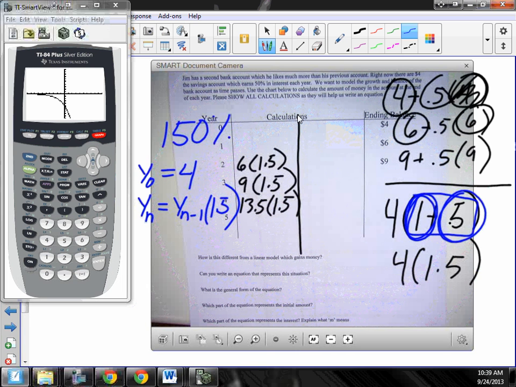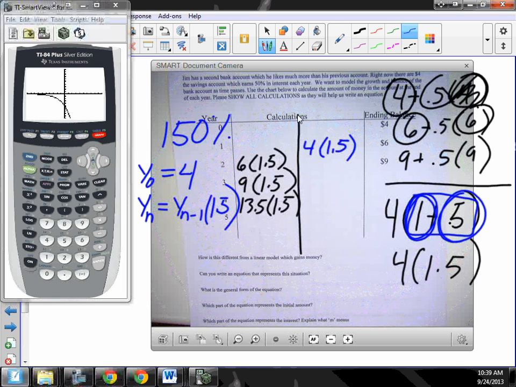In the explicit model, we don't want to use last year. So we do it this way. For year 1, we take 4 and we times it by 1.5. And that gives me my $6. Now I want to take that value and times it by 1.5 again, except I don't want to write 6. If I write 6, then it's recursive because it relies on last year.